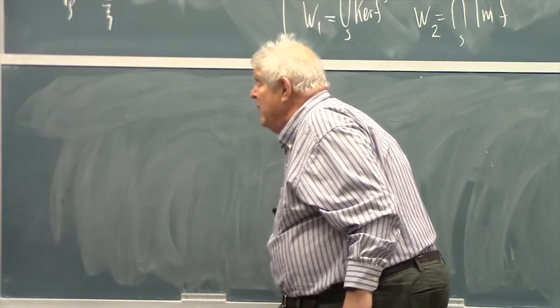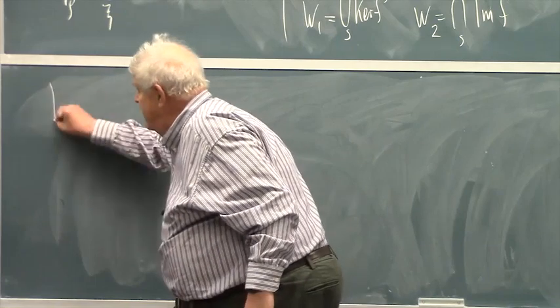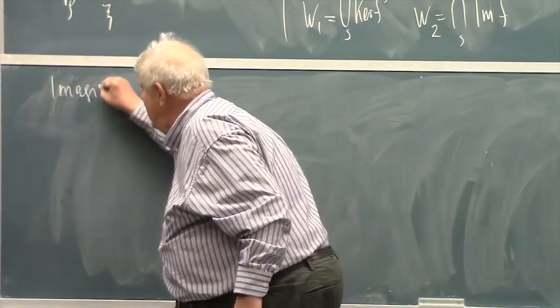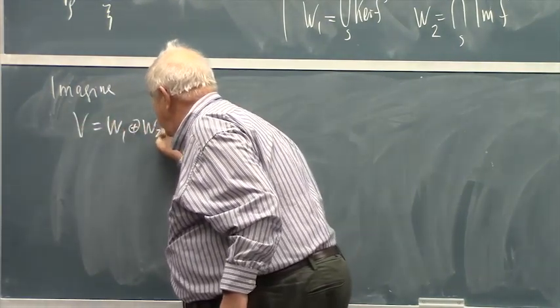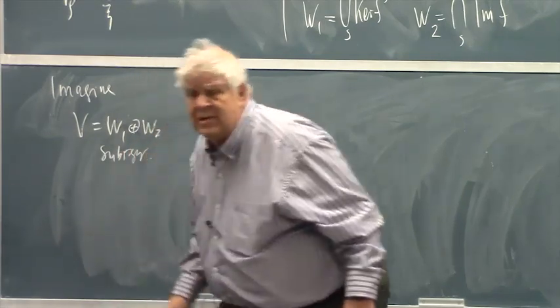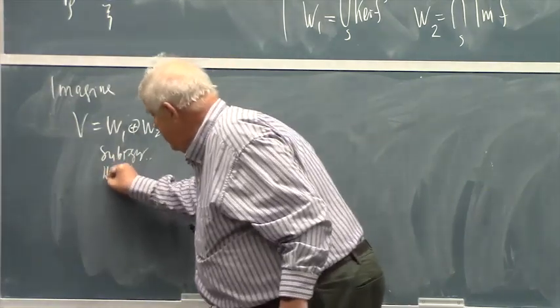So, I have my V, and just imagine that V is the direct sum of two sub-representations, and both are not 0.